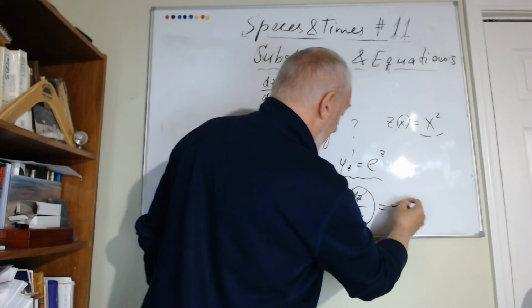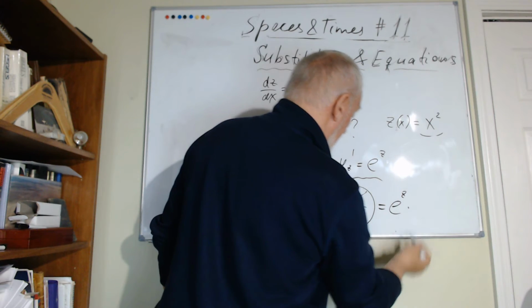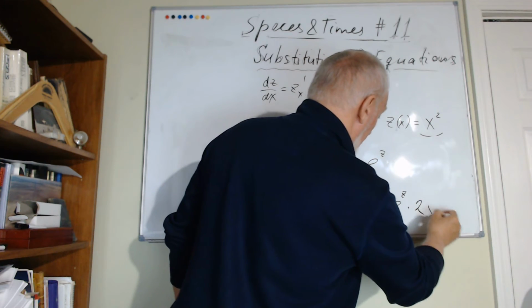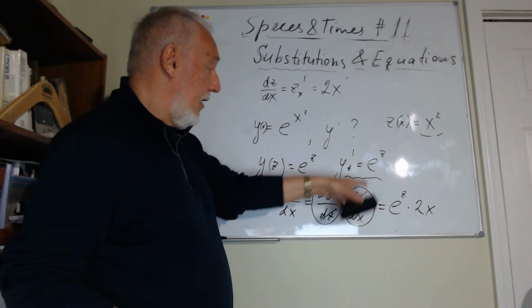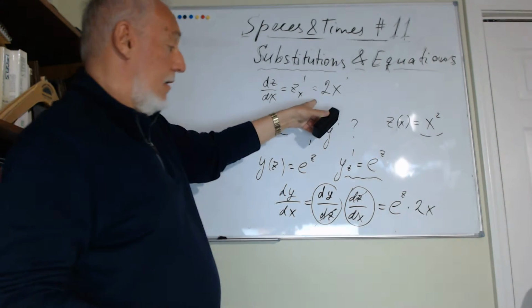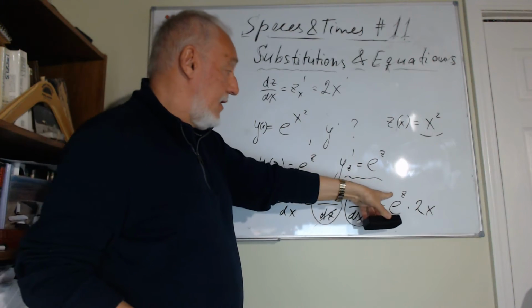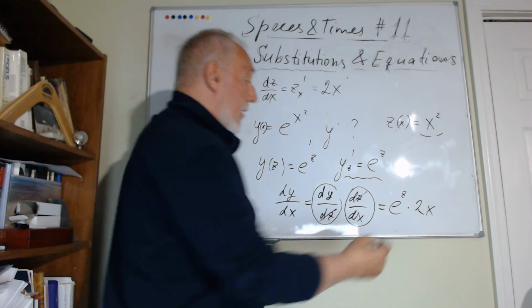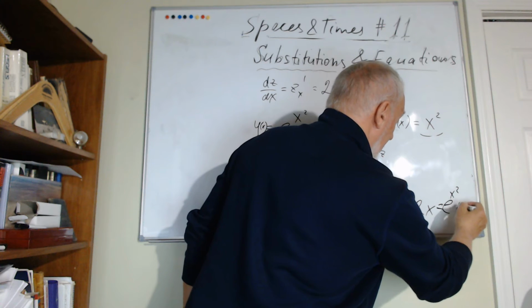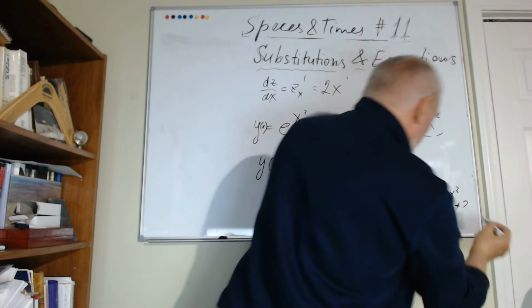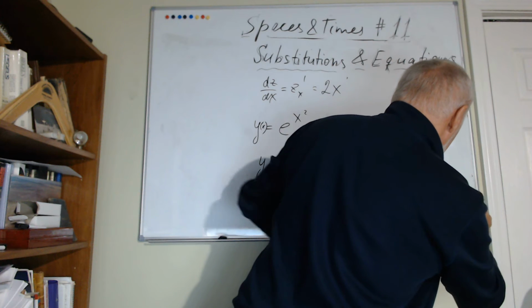So we can write e to the power of z multiplied by 2x. This is from here, and this is from here. And z is x squared, so we can write e to the power of x squared multiplied by 2x.